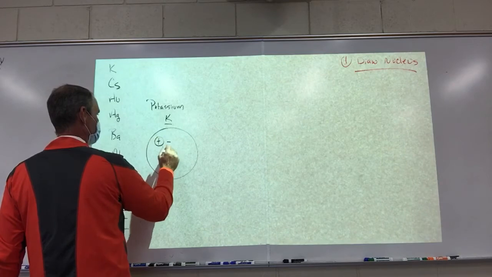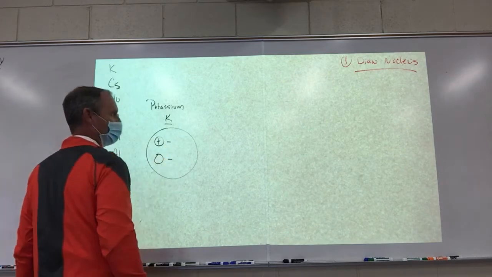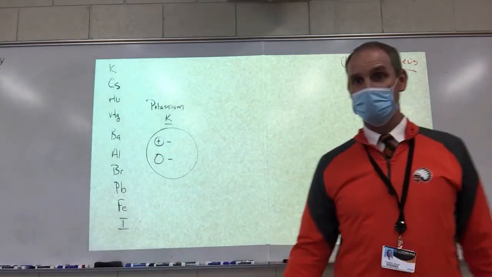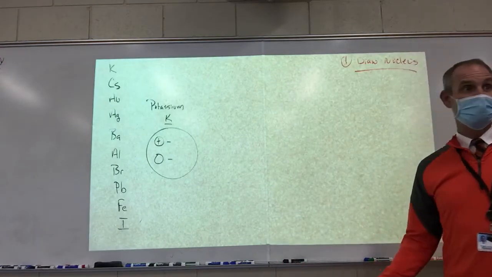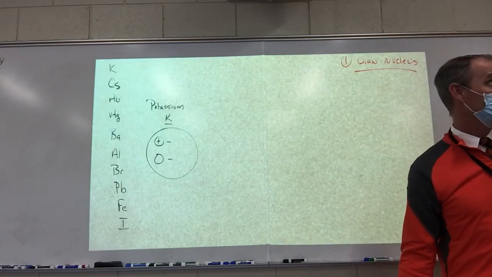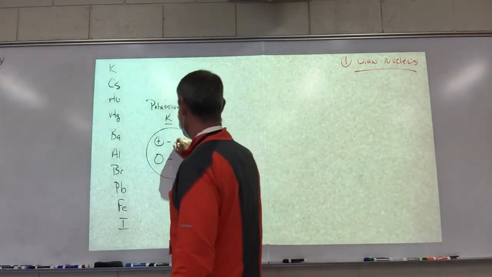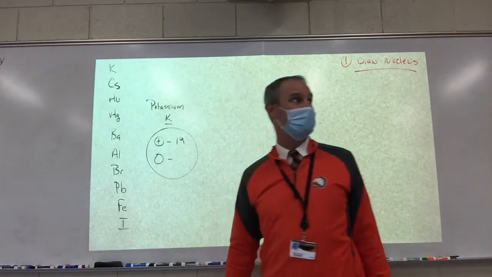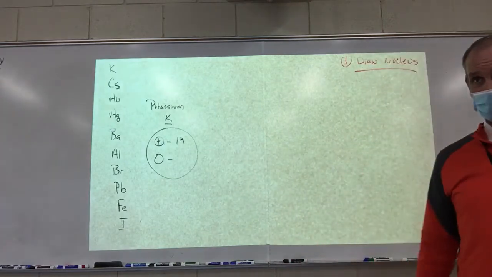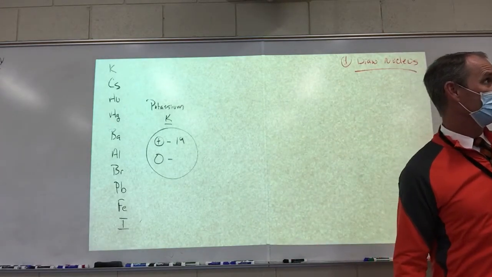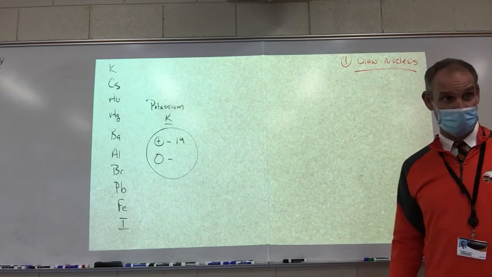Plus sign is protons. Empty circle is neutrons. So looking at your periodic table, we can tell that potassium, which is number 19, that's its atomic number, has 19 protons. Its atomic mass is 39.0983, which we round to 39.